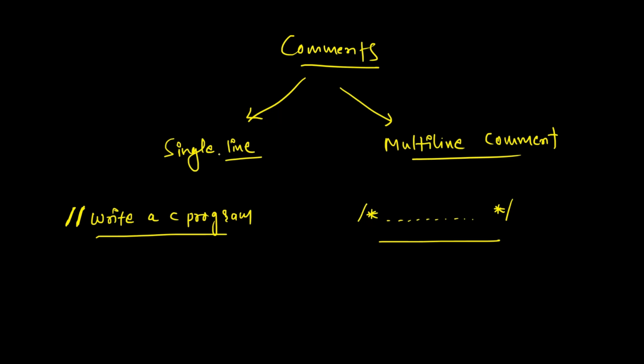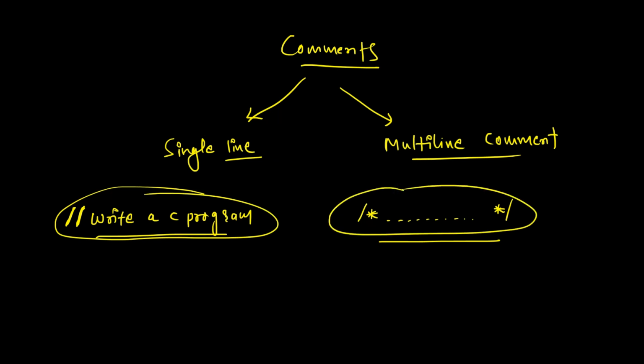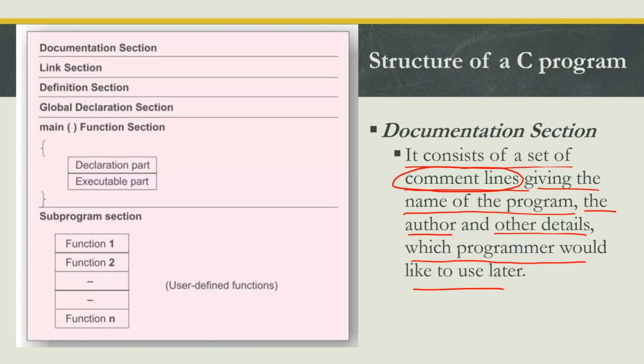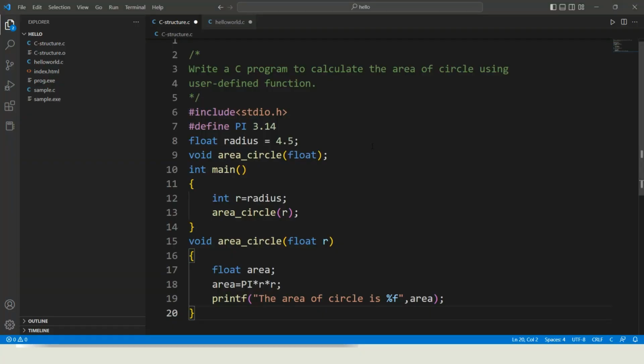This is the way you can write a single line comment, and in this way you can write a multi-line comment. If you have any questions, queries or doubts regarding these comments, you can specify them in the comment section below.